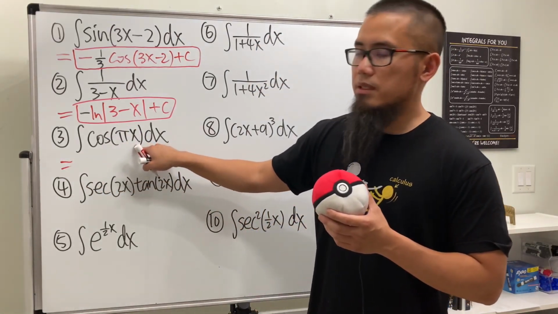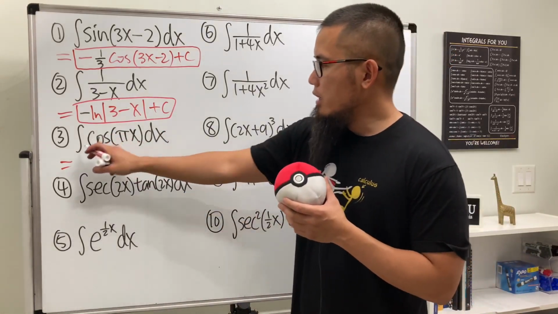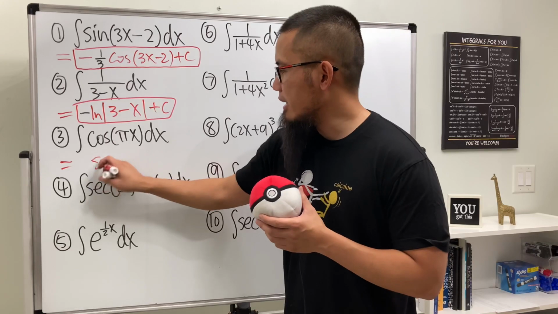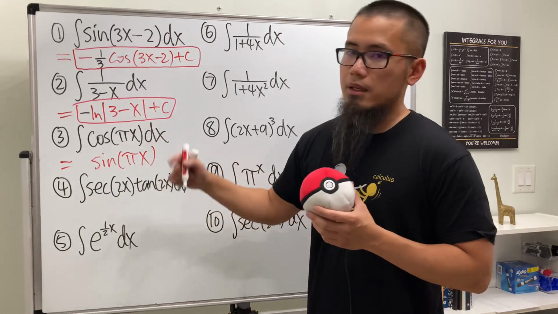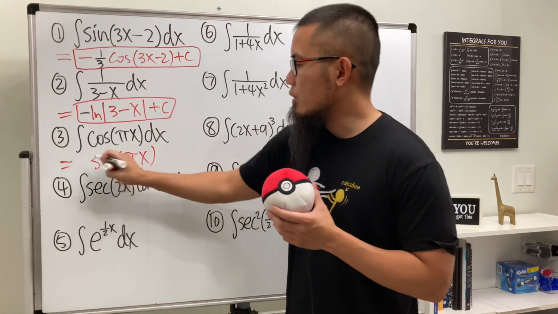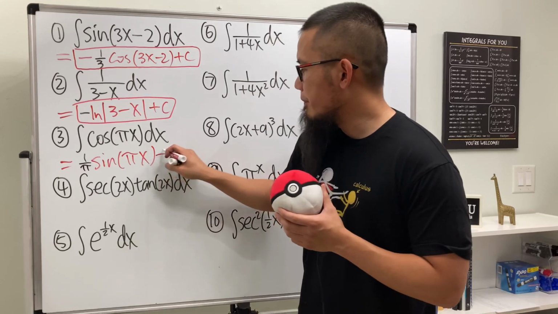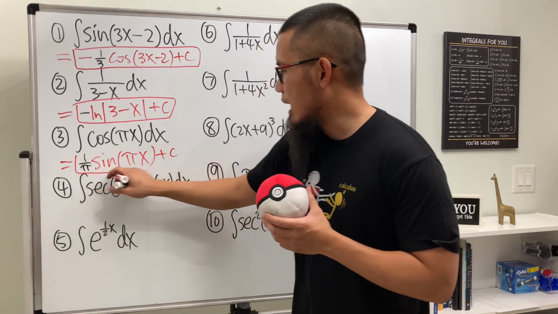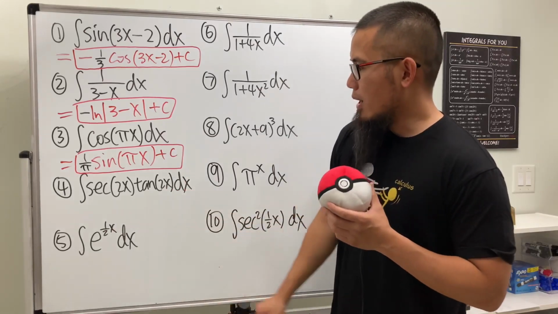u will be this, and the derivative for that is just pi, is just a number. Integrate cosine, we get sine, and then we keep the input, which is pi x. The derivative of this is pi, so go ahead and divide it by that, which we multiply by 1 over pi, and then put on the plus c. That will do it. Continue. This one.